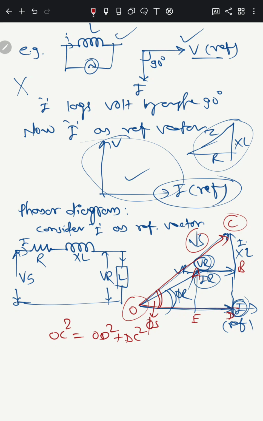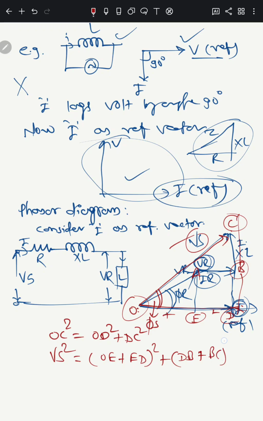OC is Vs, so Vs square is equal to OD, which is OE plus ED, so OE plus ED whole square, plus from this part DB plus BC square.